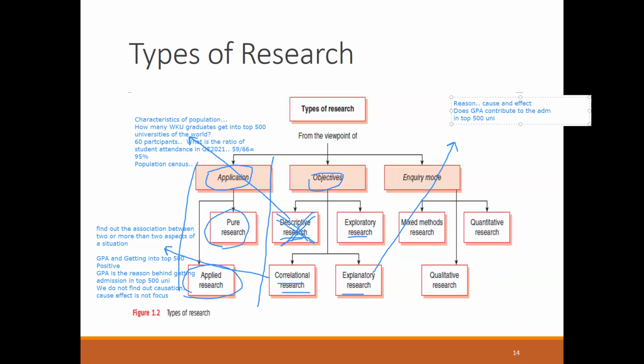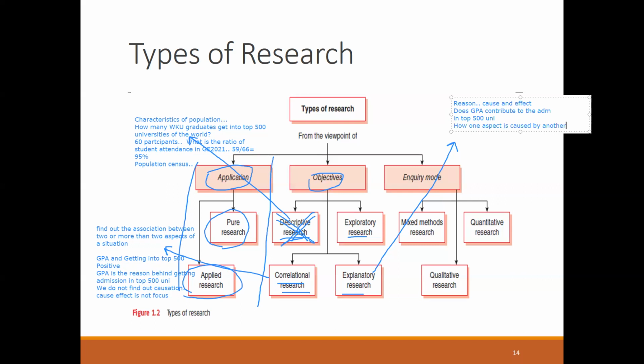We try to see how one aspect is caused by another. So in explanatory research, we try to find out the cause and effect relationship between two aspects of the situation.